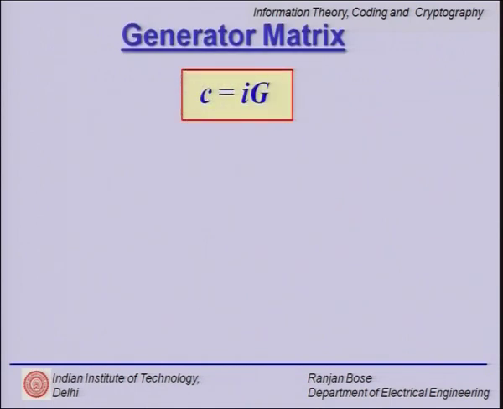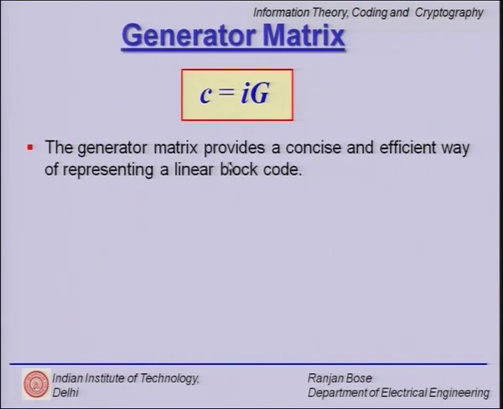So, we realize that there is a very efficient way to represent a linear block code using the notion of a generator matrix G. What it does is it takes in a 1 cross k vector, so a k symbol long input vector, and it is multiplied with G, which is k cross n, and you get a 1 cross n. So, that is pretty efficient.